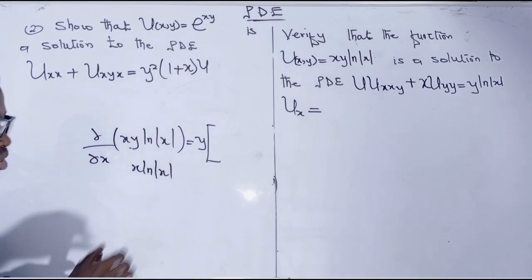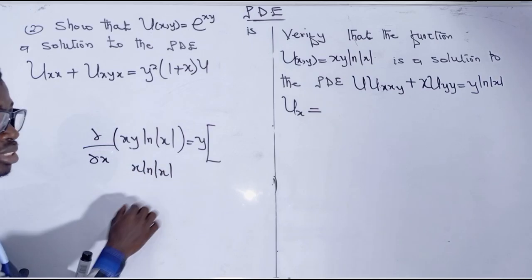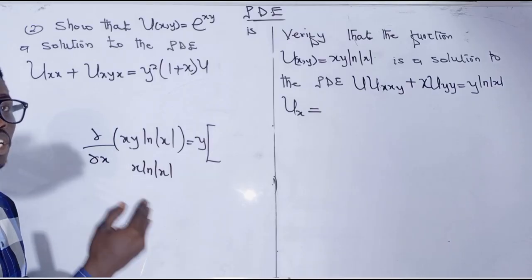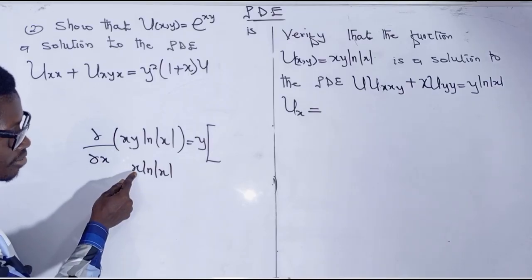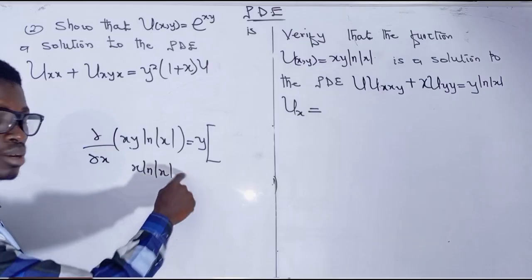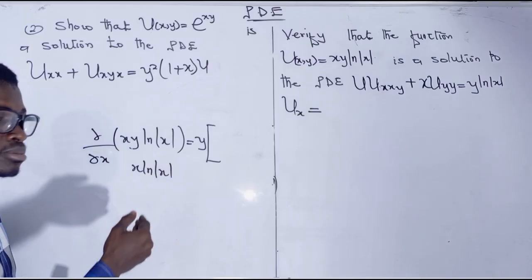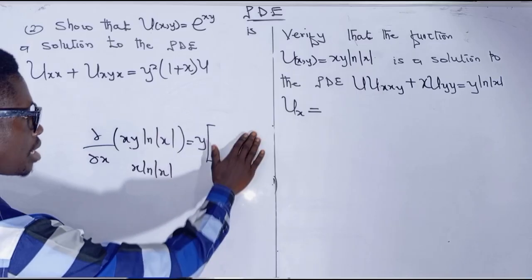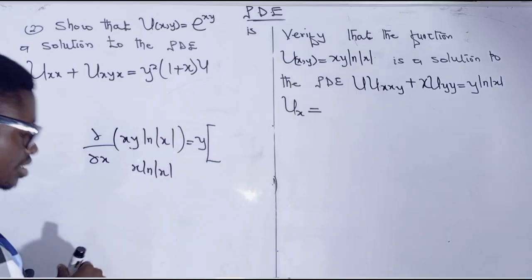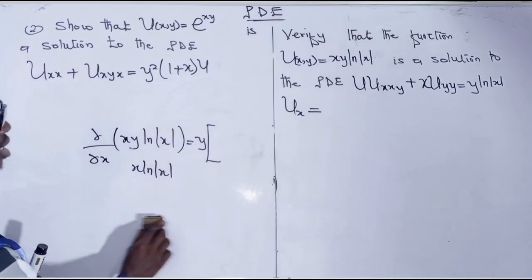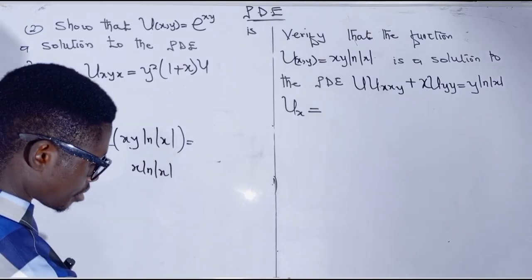So with this, we have two functions and they are multiplying. So we can apply the product rule, which says that we keep the first function, we differentiate the second, plus we keep the second function, we differentiate the first function. I believe you remember that. So that's what we are going to apply here.